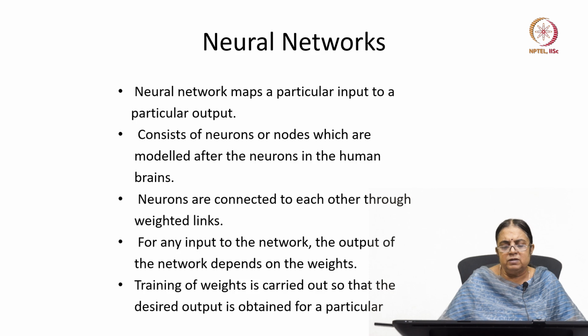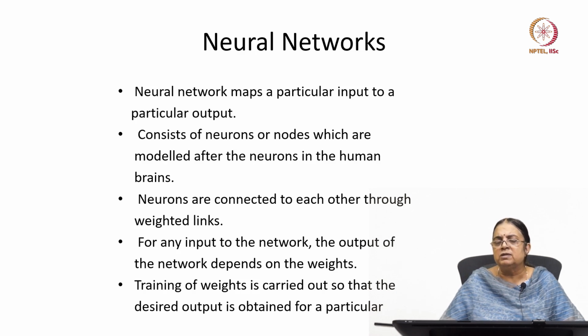So let us now get into the neural network, what is happening in the neural network. First we will talk about the feed forward type of neural network. Basically it maps a particular input to a particular output. At the beginning a particular input may not be giving you the correct output.